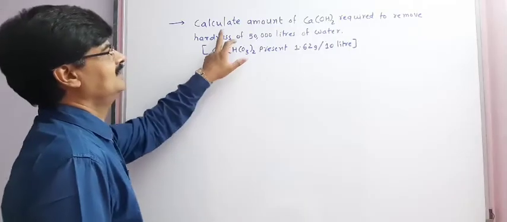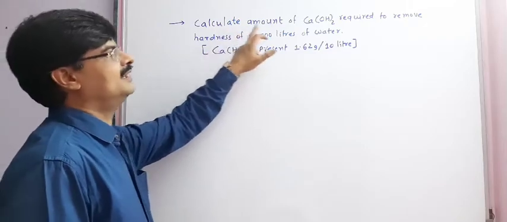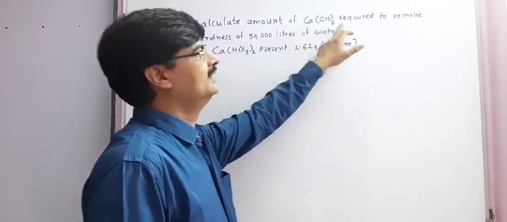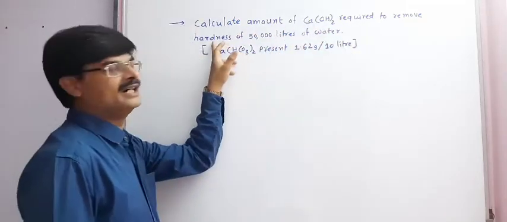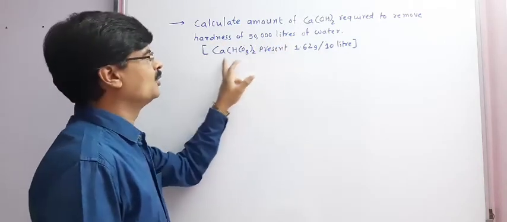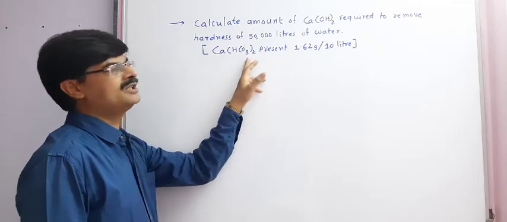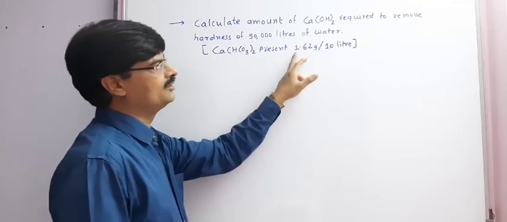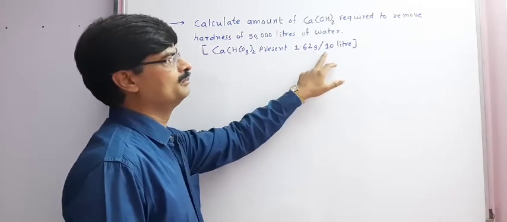In this question, we have to calculate the amount of calcium hydroxide required to remove the hardness of 50,000 liters of water, provided calcium hydrogen carbonate present is 1.62 gram per 10 liter.